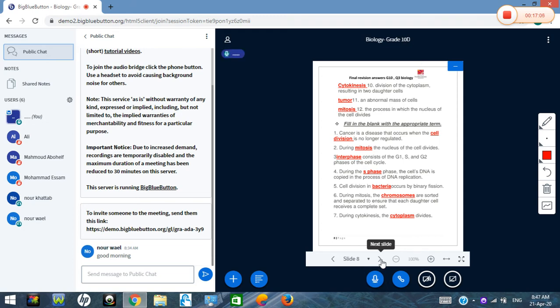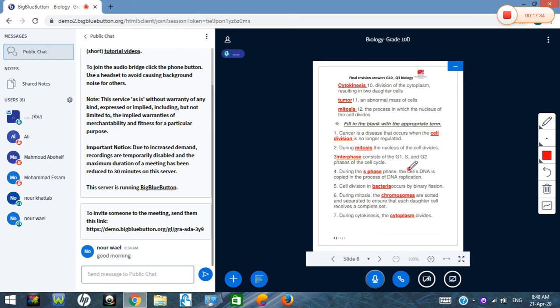Number 2, during mitosis, the nucleus of the cell divides. Nucleus of the cell divides means mitosis process. So you write mitosis. In number 3, interphase contains the G1, S and G2 phases.